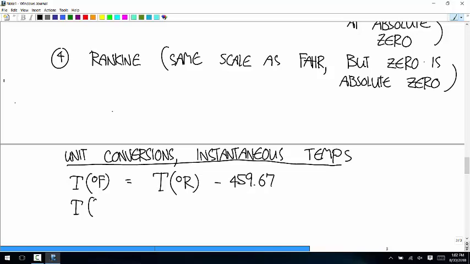The temperature in Celsius is the temperature in Kelvin, and for some reason Kelvin is the one that you don't use a degree sign, minus 273.15.